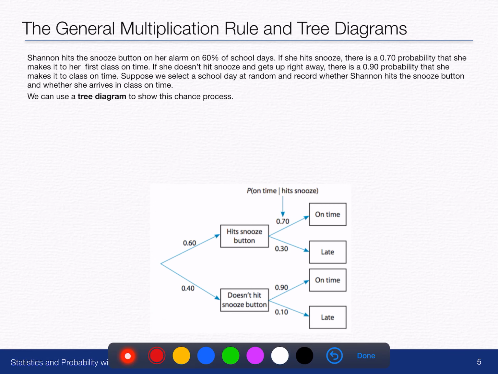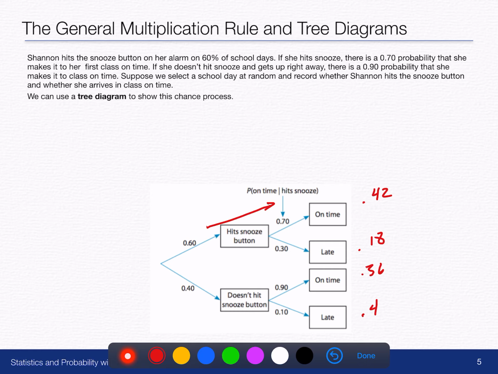Now, when you do a tree diagram, notice it's 60% that you hit the snooze button and 40% that he doesn't hit the snooze button, or that Shannon doesn't hit the snooze button. Remember what you have to do is multiply, so 0.6 times 0.7 would be 0.42, this would be 0.18, this would be 0.36, and this one would be 0.4.